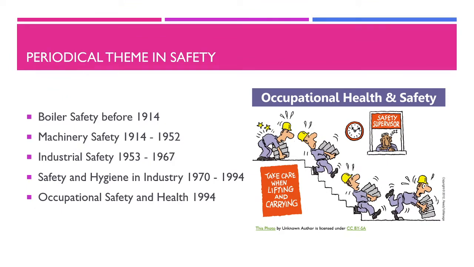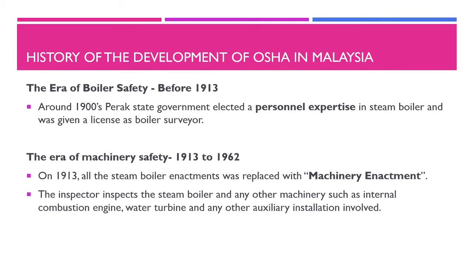OSHA also has periodical themes in safety. The first one is boiler safety. It moved on to the second theme, machinery safety, then industrial safety, safety and hygiene in industry, and lastly occupational safety and health, which is in 1994. This is the history of the development of OSHA in Malaysia.